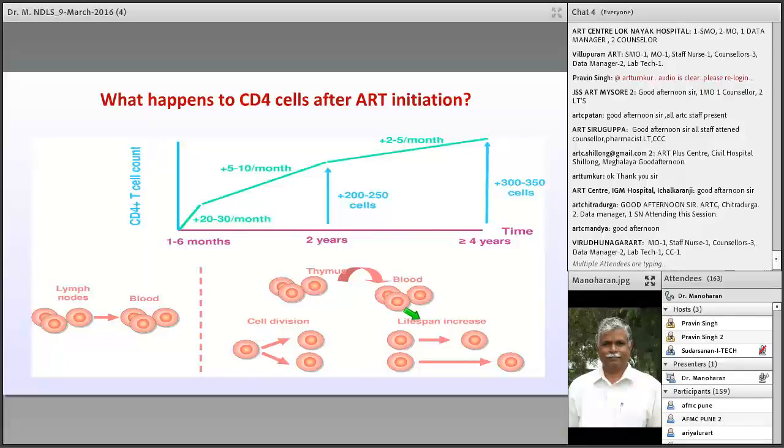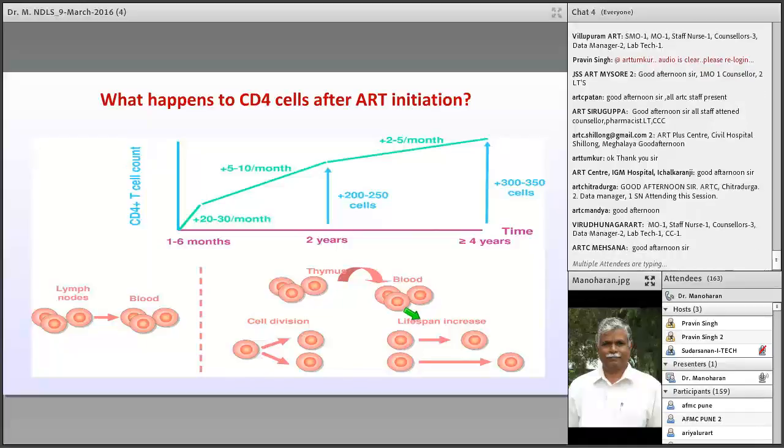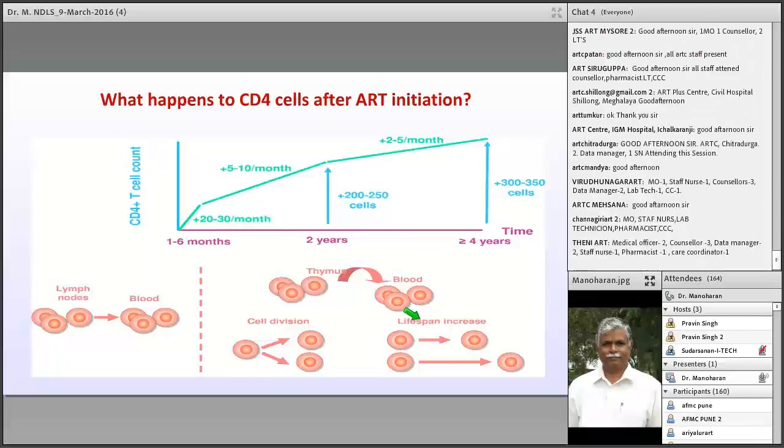And the third mechanism is the extension of CD4 T cell half-life, a mechanism which is responsible for sustaining the number of naive CD4 cells in older individuals in whom the thymic production is impaired.